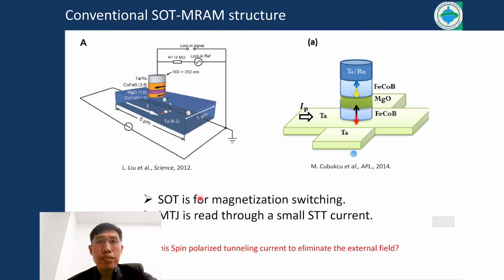SOT is for the magnetic tunnel junction switching, and the MTJ is read through a small STT current. So if it's possible to realize devices that combine the spin transfer torque mechanism and the spin orbit torque mechanism, this is a question and a challenge that we want to realize.